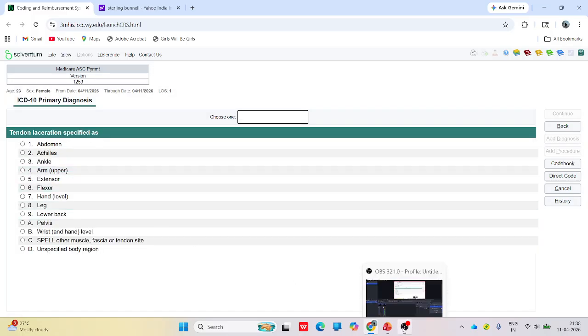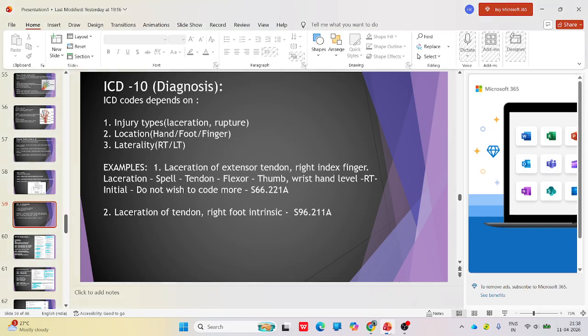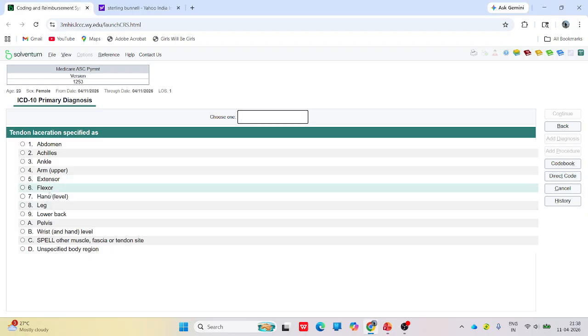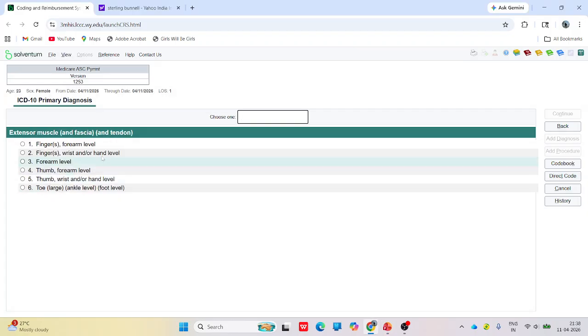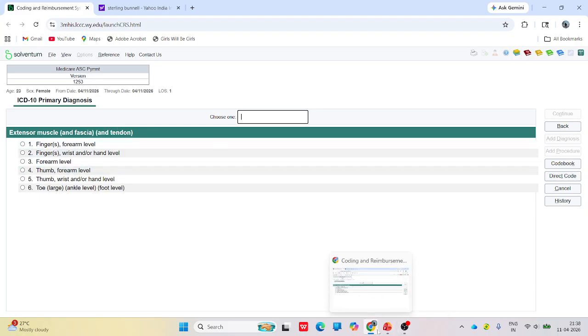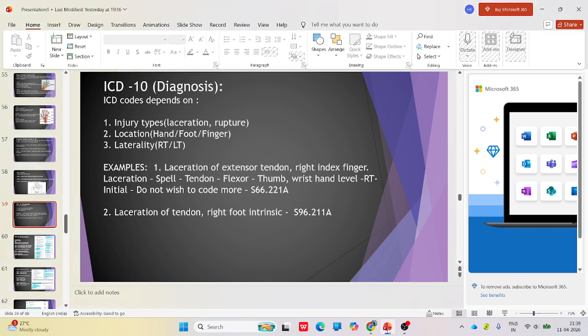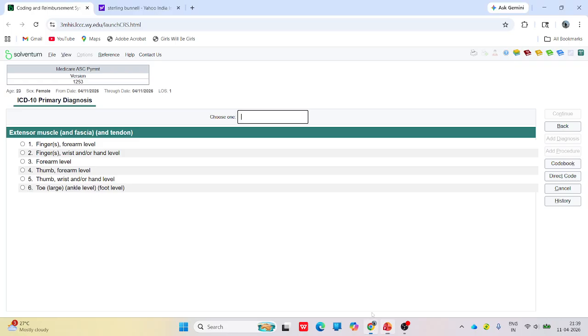Which type of tendon is it? Extensor tendon. And then for extensor tendon, which region is this? Whether it is a finger or forearm, which region? It's the right index finger. So in the finger, is it the thumb, wrist or hand level? Okay, hand level.